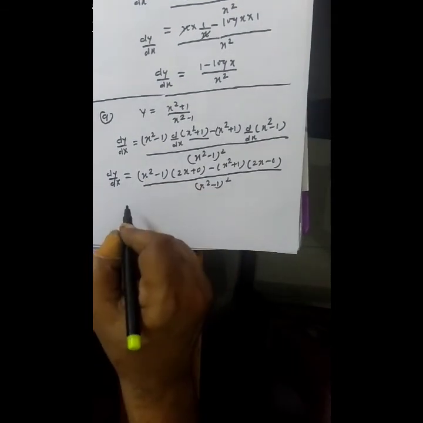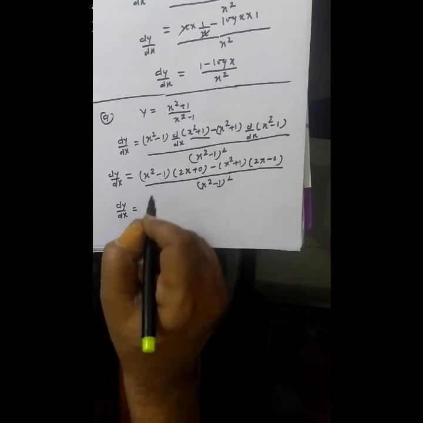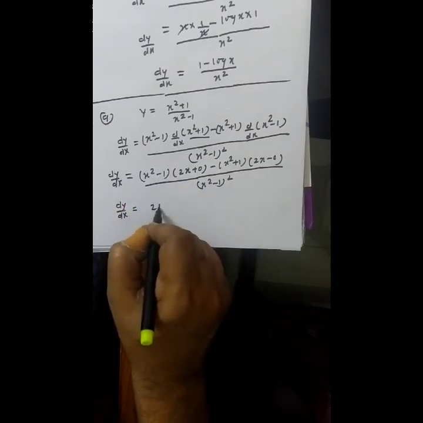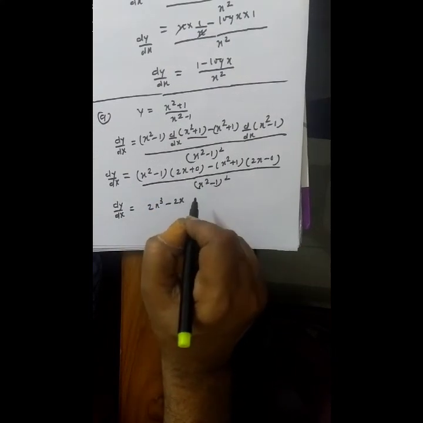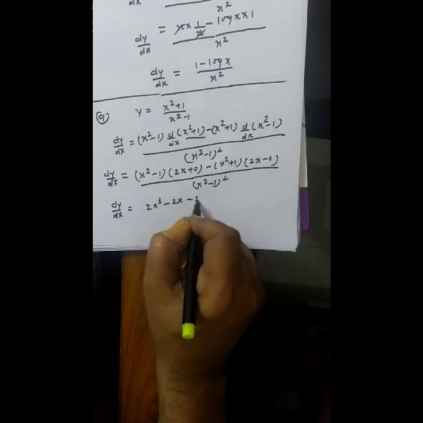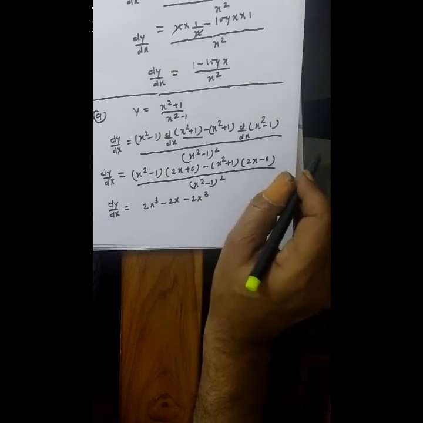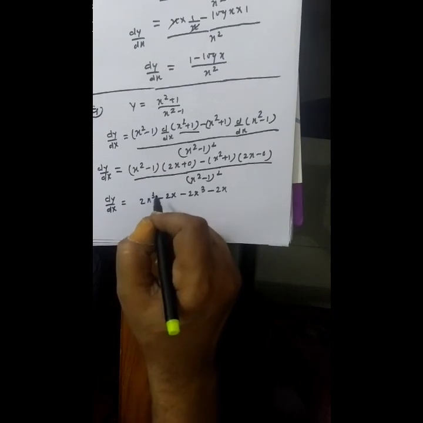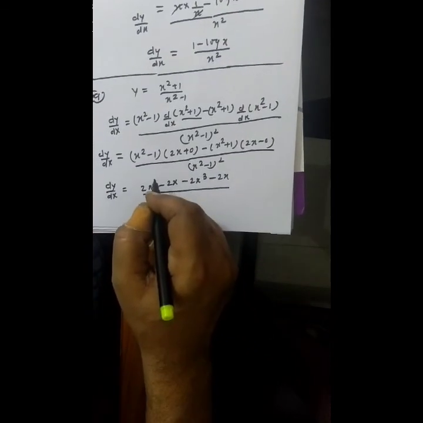So this will be dy by dx equals to x square minus 1 into 2x, x square into 2x is 2x cube, minus 1 into 2x is minus 2x, minus x square plus 1 into 2x, x square into 2x is 2x cube, 1 into 2x is 2x, minus outside, minus 2x cube, minus 2x, whole divided by x square minus 1 whole square.